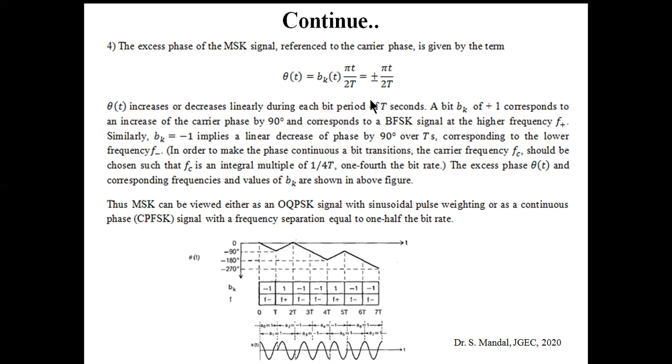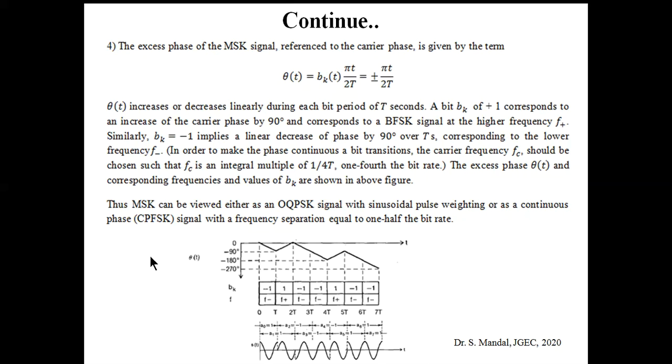That means when the phase increases, obviously the frequency will also increase. So when bk is negative, or minus 1, there will be a linear decrease in the phase of 90 degrees, and that corresponds to a lower frequency f minus.